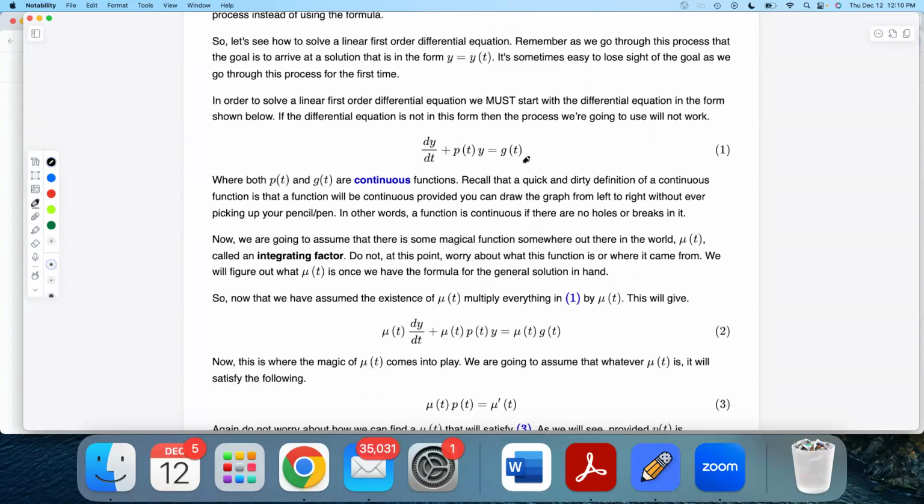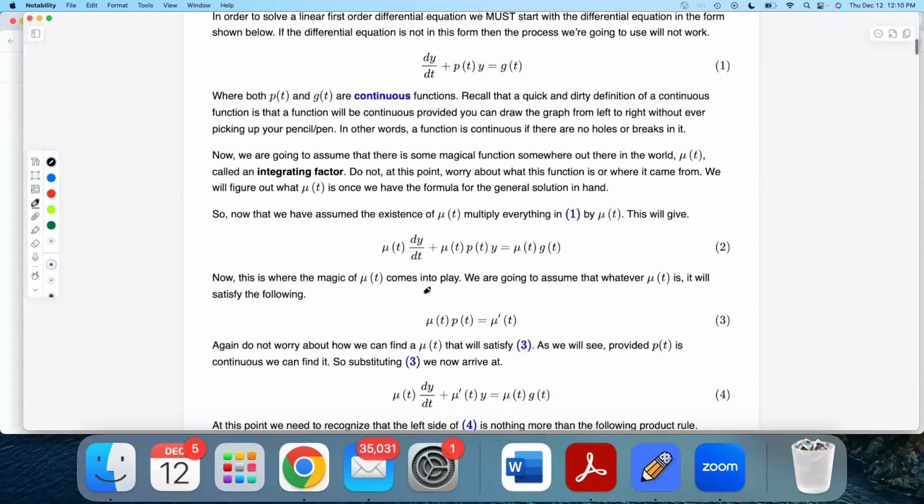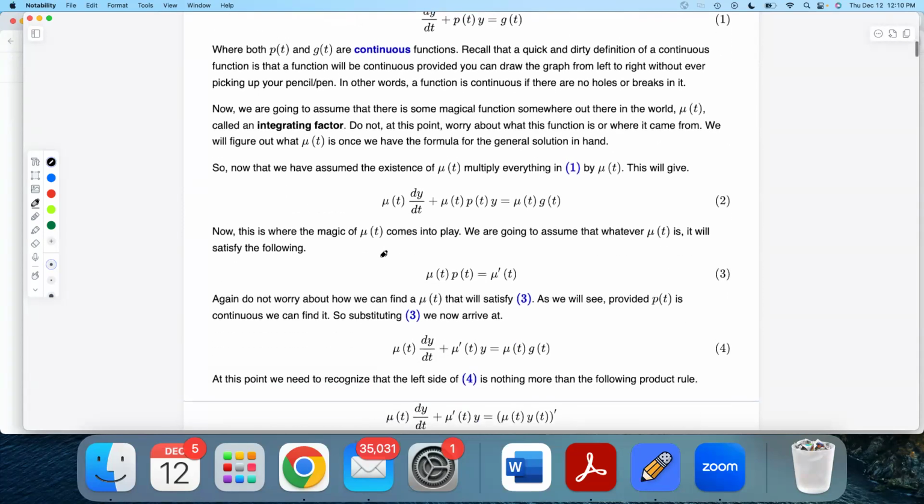Then if we take this original DE and we multiply everything by mu, both sides, then this left side here is the product rule derivative of mu. Let me explain what I mean.